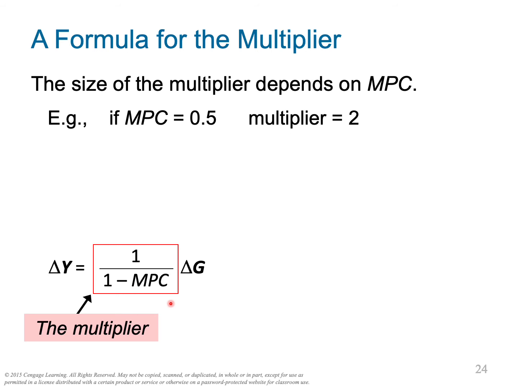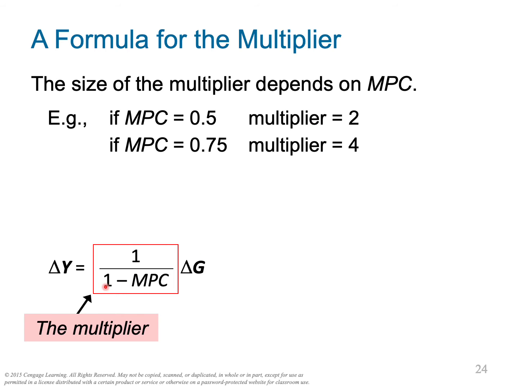So for example, if MPC was, say, 0.5, then we would have 1 divided by 1 minus 0.5, which on the bottom there is just 0.5, and 1 divided by 0.5 is 2. So in this case, our multiplier is 2. What if MPC is a little bit higher, 0.75?